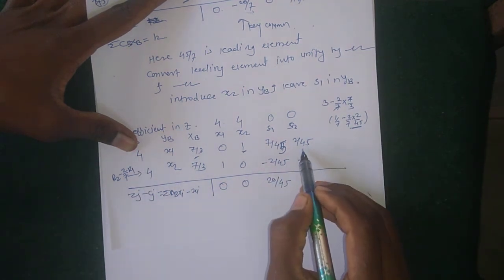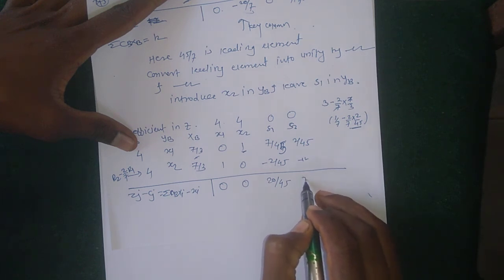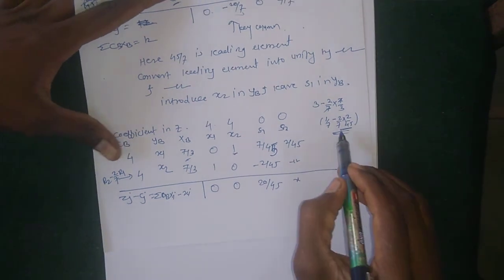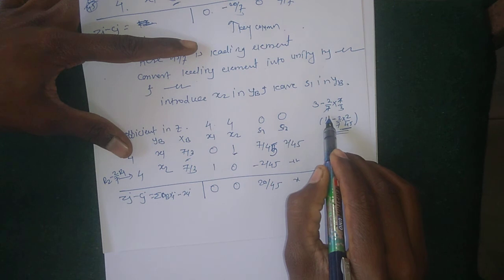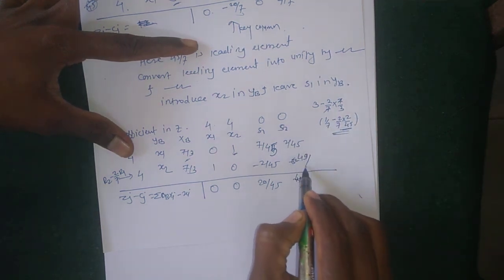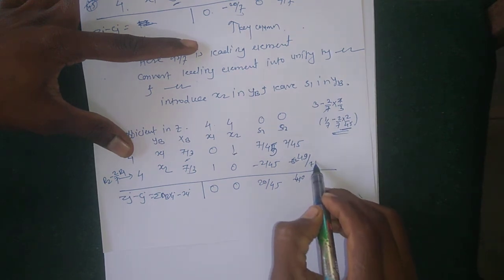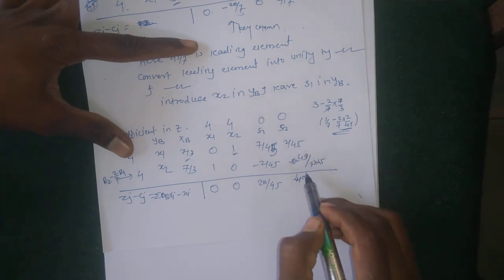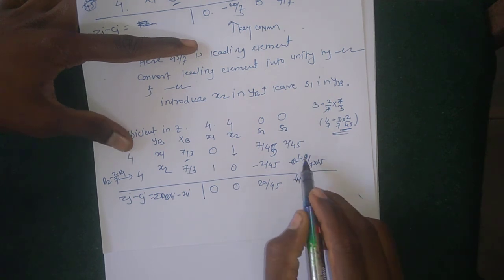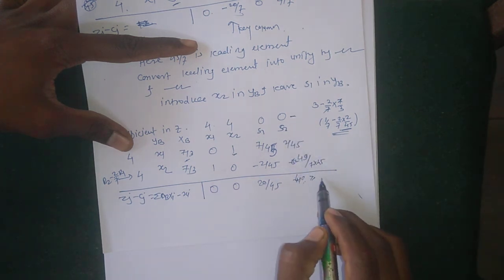And similarly here something, this value is also greater than 0. Suppose here 45 minus 4, 49 divided by 7 into 2, this value is also greater or equal.